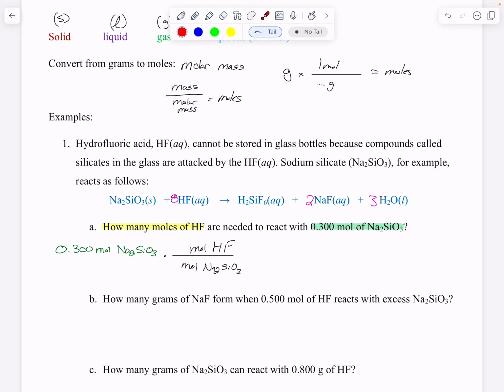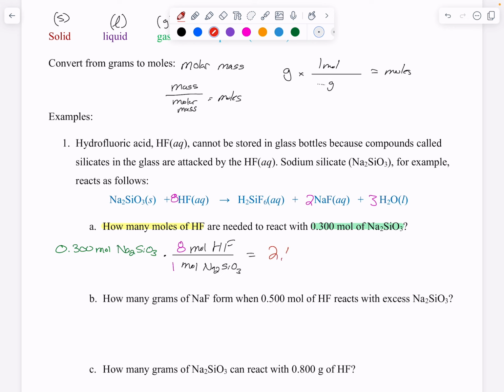HF has an 8, so that 8 goes right there. And sodium silicate here has a 1, and that 1 goes right there. And so if we do this math, I get 2.40 moles hydrofluoric acid. That's it.